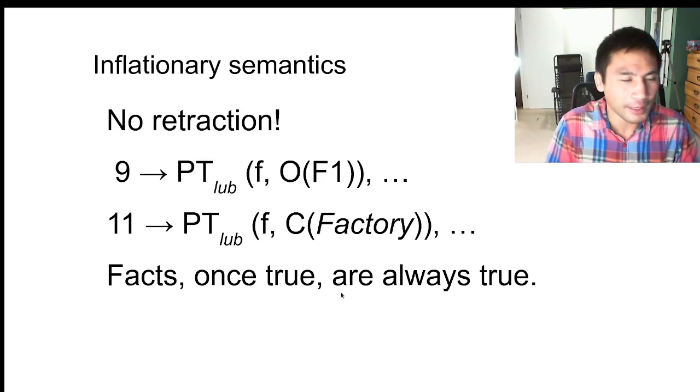So at step 9, you might have PT lub F O of F1, so it says that F points to the singleton object F1. And then at step 11, what you now know is points-to F C factory. So it's actually less strong, but it's all you know at step 11. But the point of inflationary semantics is that a fact, once true, is always going to be true.